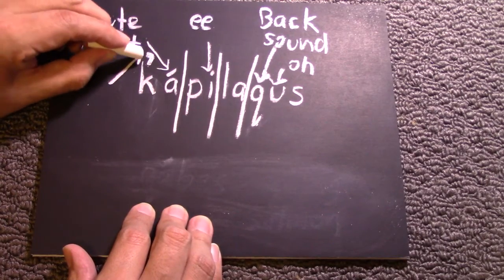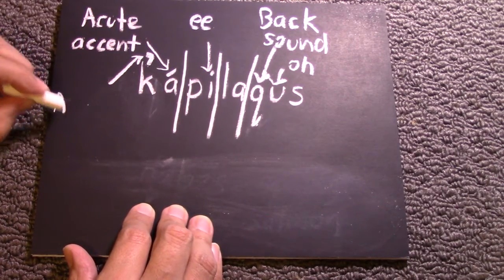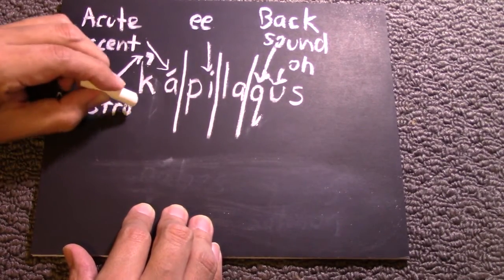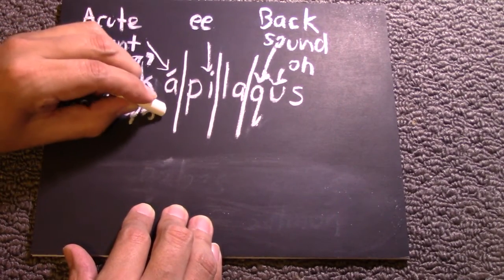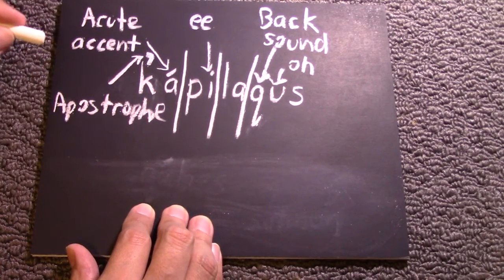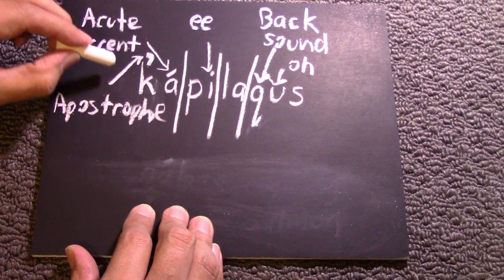This apostrophe tells us that this K is going to sound a little more pronounced than what it would normally sound like.